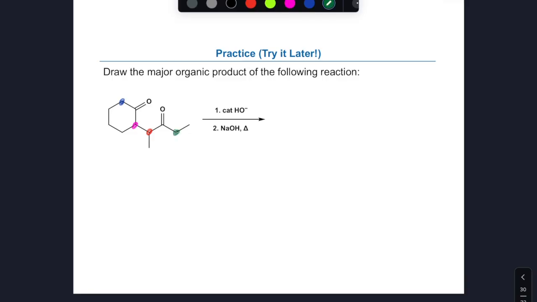Any one of the centers I've indicated could be my nucleophile, making the other center the electrophile. So let's start here. If this blue center was my nucleophile, this would be my electrophilic center. That would be a 1, 2, 3, 4, 5-membered ring. So that's possible, at least in terms of ring size.